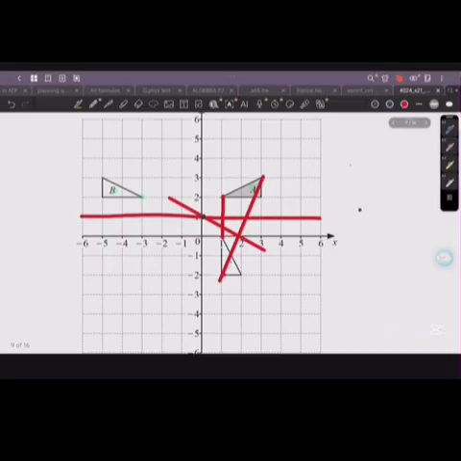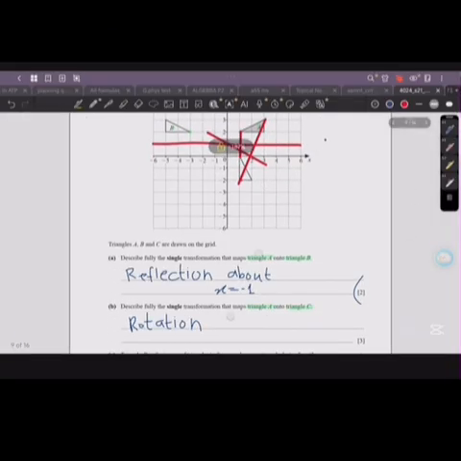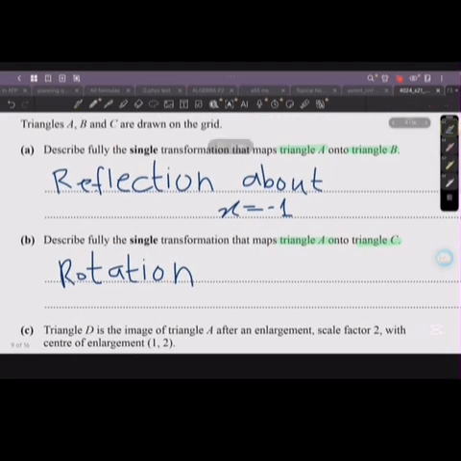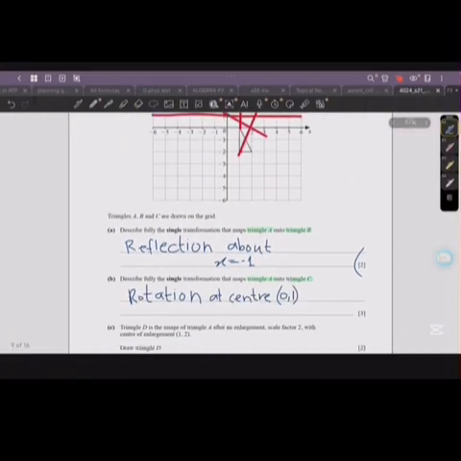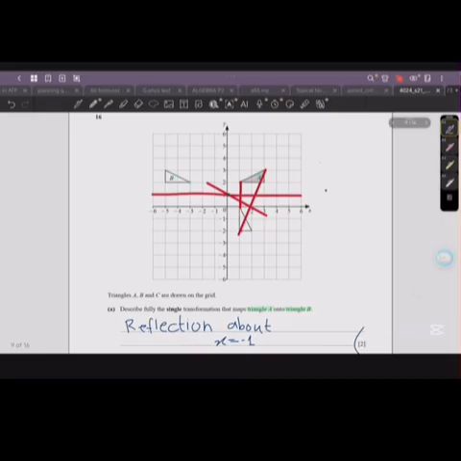So it is 0 and 1. We will write rotation at center 0 and 1. We have secured our 2 marks. Now we have to check at what angle it is being rotated.